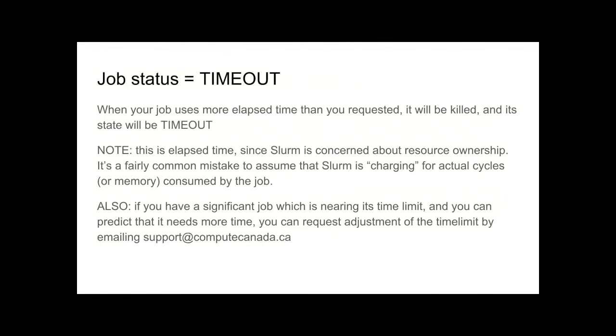That's just because timeout is an elapsed time. Slurm only cares about who has control, who is allocated the particular resources during a particular time. It doesn't really care about how the resources are used.